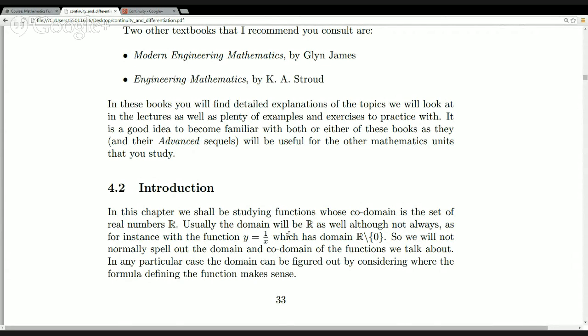So this has to go to R plus, where R plus is the set of all strictly positive real numbers. So it's the set of all real numbers such that x is strictly bigger than 0. But we still call these functions real valued functions because they're taking their values in the real numbers.